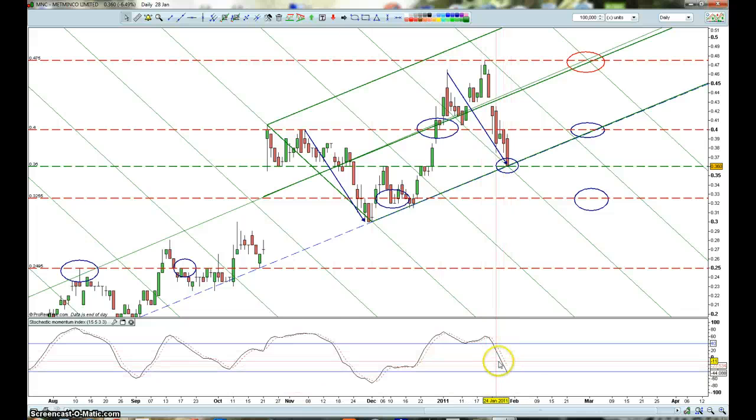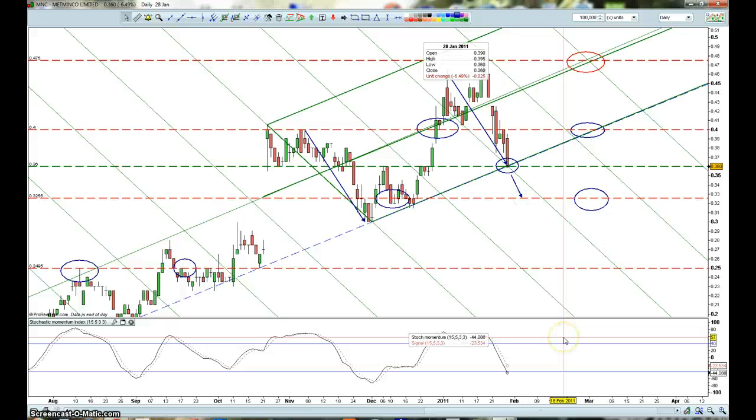The legs are still pointing down, and you'd like them to be pointing up from the oversold, but it's starting to approach the area where we want the stochastics to be. But they are pointing down, so you could argue there's downward pressure on price still, and it could very possibly go to there as well.